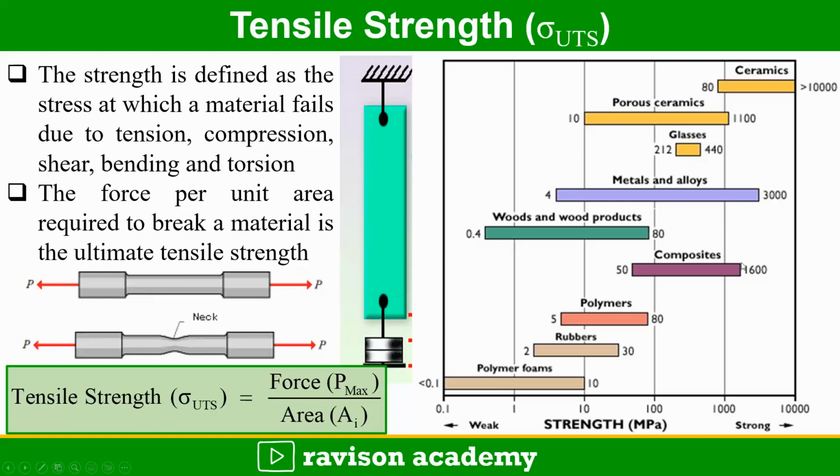And wood products have very low strength, because due to the absorption of moisture it is expected to have very low strength, and metals and alloys have more strength. Glasses and ceramics have registered strength greater than 10,000 megapascal.